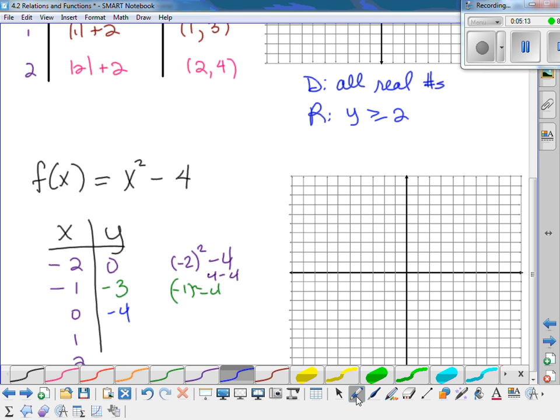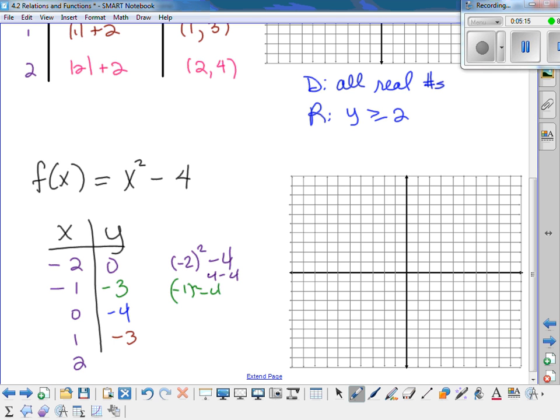Get a -3 again. And when I put in a +2, Alexandra, what do I get? 0. I get a 0. Okay, so when we plot those points: -2, 0; -1, -3; 0, -4; 1, -3; and 2, 0.